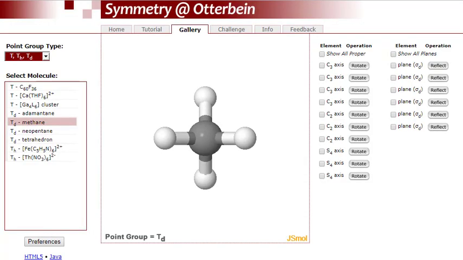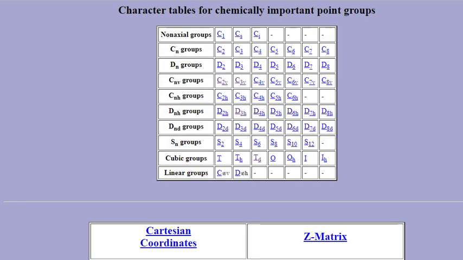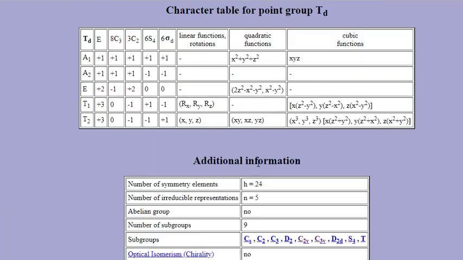is tetrahedral, Td, and if we were to look at the character table of tetrahedral, this right here is a great website. It's Symmetry from Jacobs University, and I'll leave the link for this website in the description below if you want to check it out.